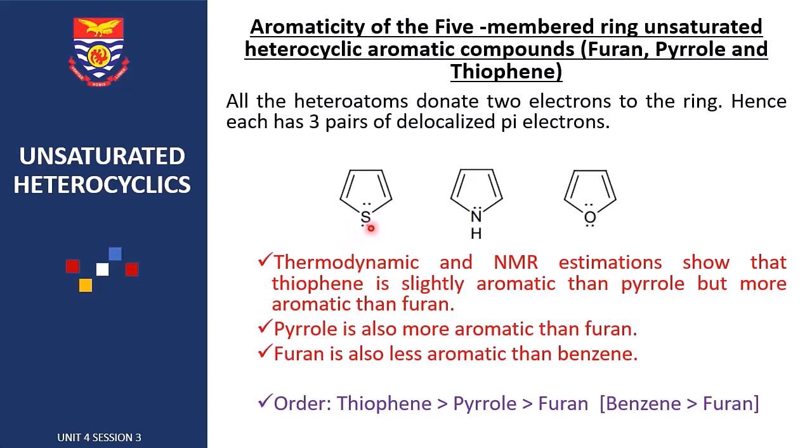So there are 2 lone pairs of electrons on sulfur. However, only one pair is delocalized, the other is localized. This pair is not involved in aromaticity, right? So the 2 pairs here and the 2 pairs there are involved in aromaticity. So it has 3 pairs of delocalized electrons.